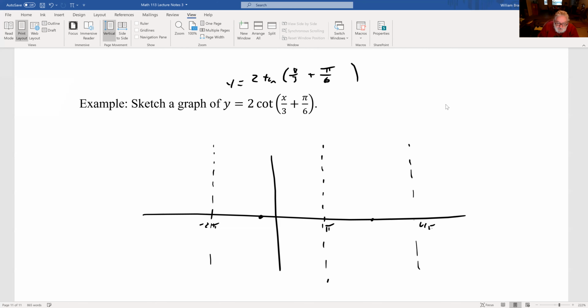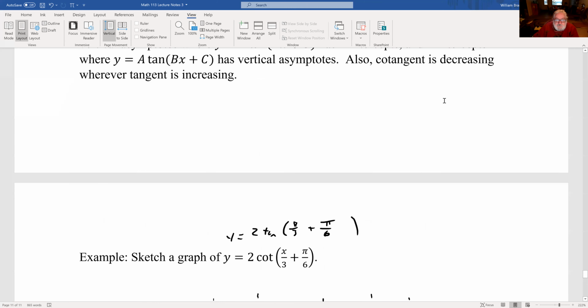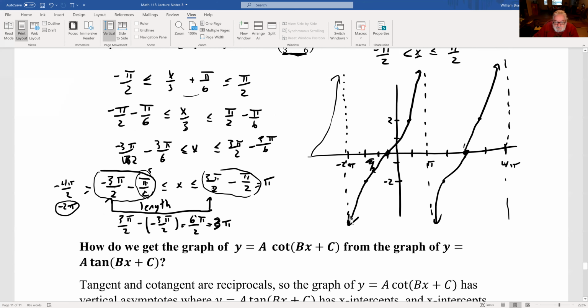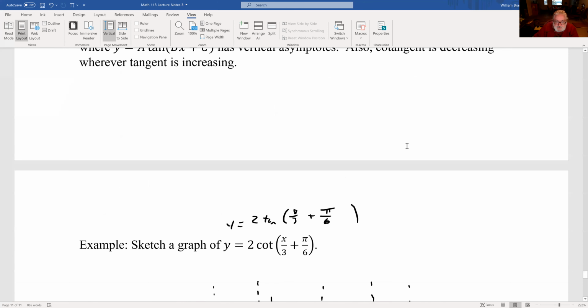So for cotangent, wherever there's a vertical asymptote, there'll be a 0, so that'll be cotangent. Whenever there's a 0, there'll be a vertical asymptote. What does cotangent do? Tangent, if you're going from left to right, goes up from one asymptote to the other.